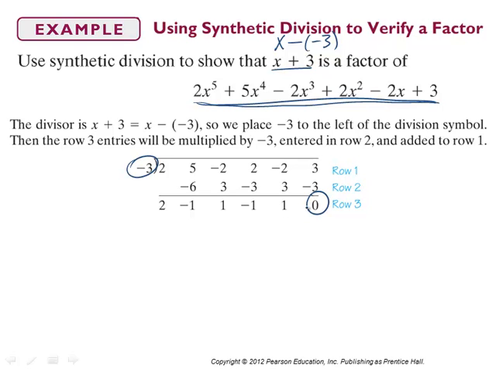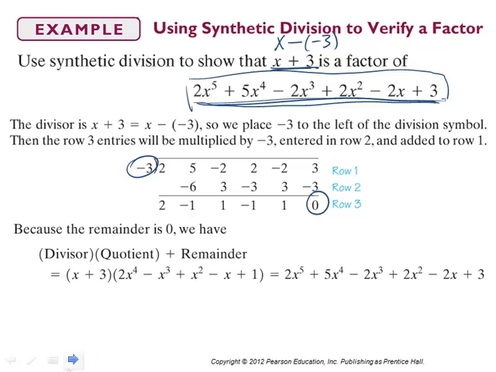So what we've just shown is that when you take this x plus 3 binomial divided into this polynomial, you get a remainder of 0. That tells you that x plus 3 is a factor of that larger polynomial.